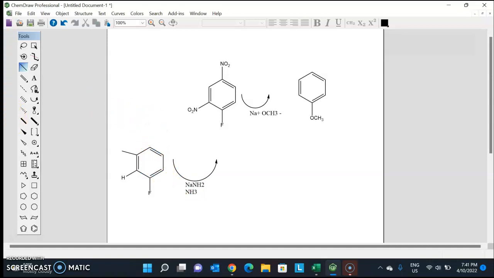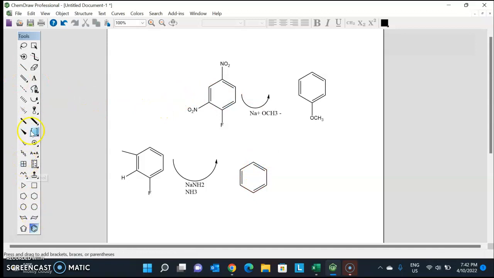So this anion is stabilized by the alkyne, and the NH2 can actually attack it and add into the ring. The anion is still going to be in the ring after the addition of NH2.